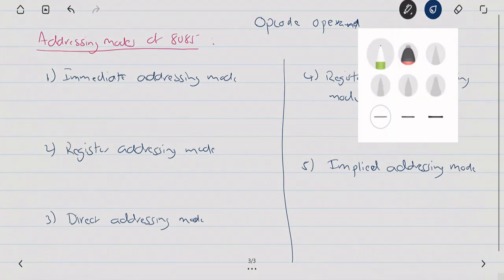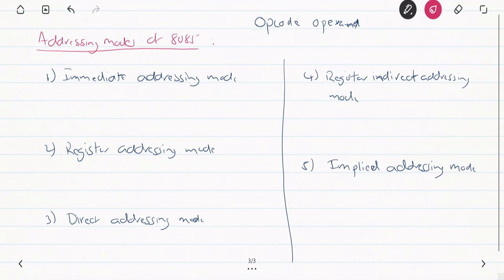Let's first start with immediate addressing mode. In this mode, the data, the 8-bit or 16-bit data, is specified in the instruction itself as one of its operands.